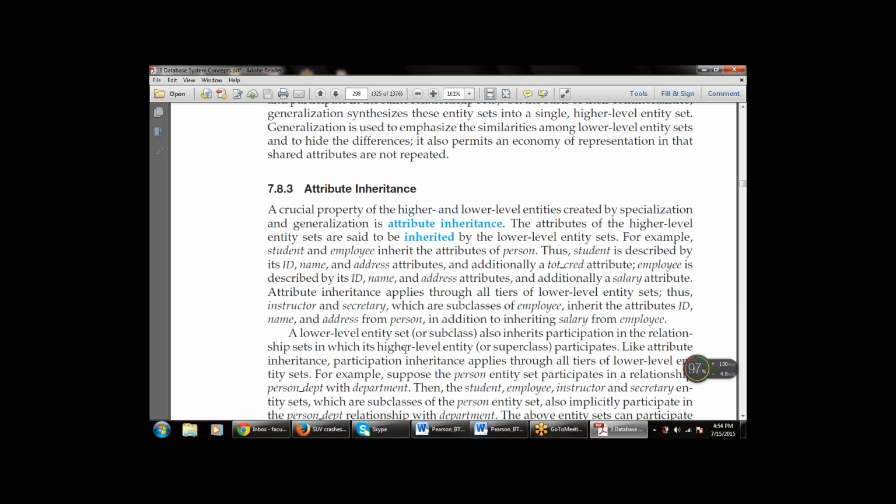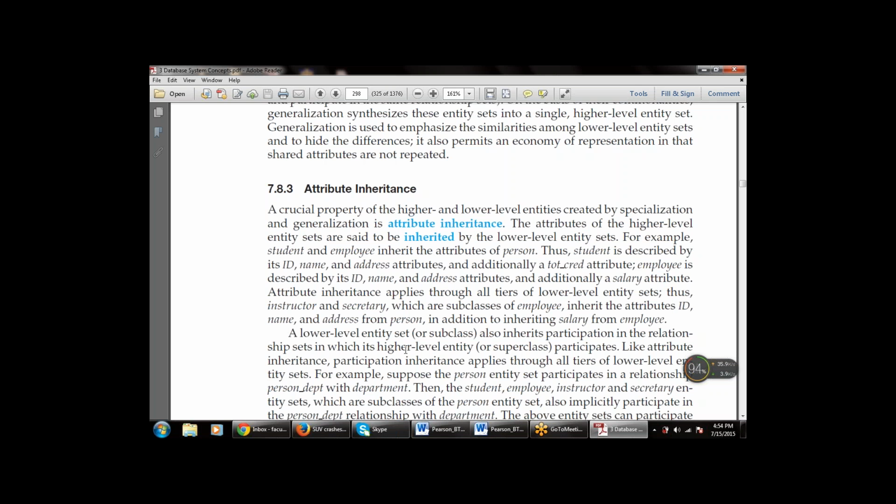Now next is attribute inheritance. The properties of the low-level and high-level entities, created by generalization and specialization, are used through attribute inheritance. The attributes of the high-level entity sets are said to be inherited by the low-level entity sets.